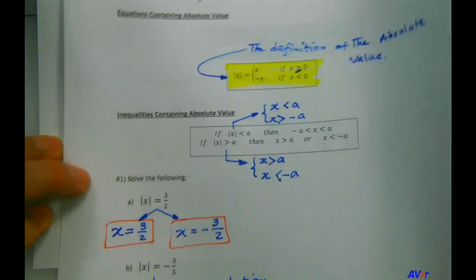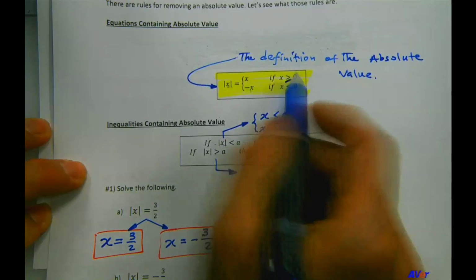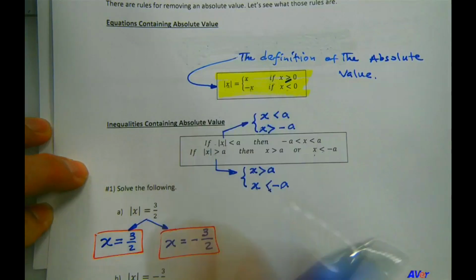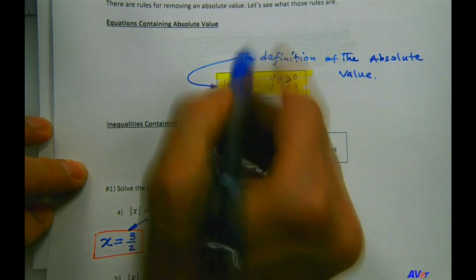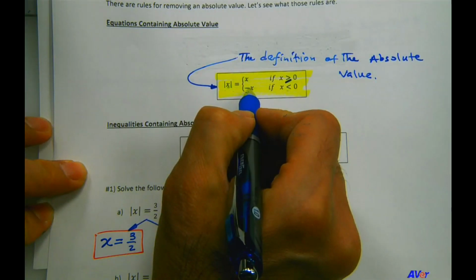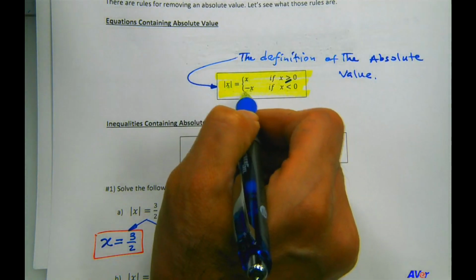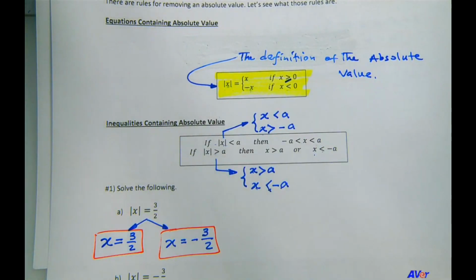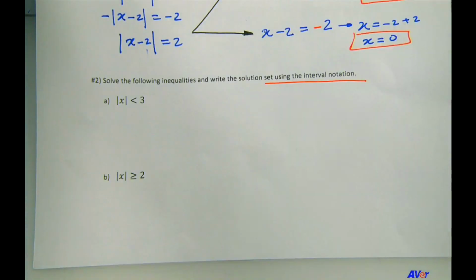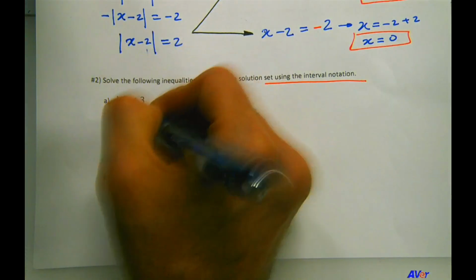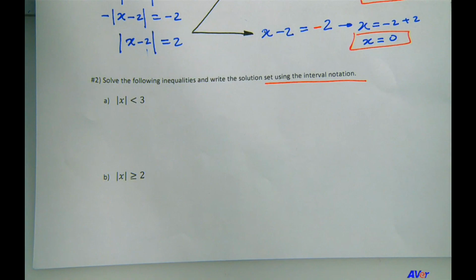We're going to apply the absolute value definition again. The only thing you got to remember here is that when we go with the second solution, when we multiply the other side by -1, with inequalities, the inequality will change direction for that solution.